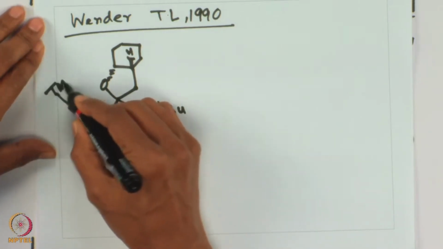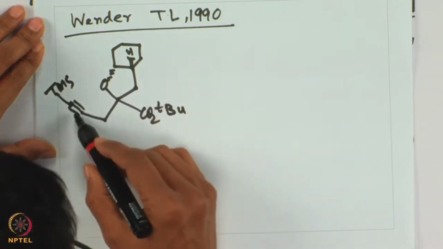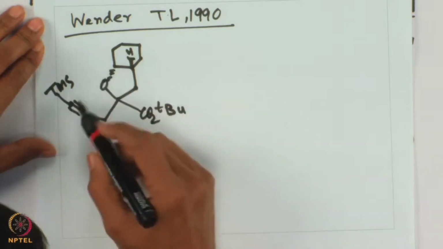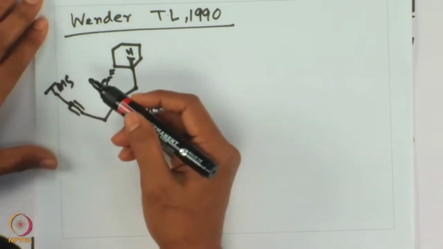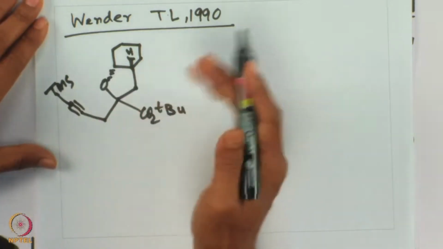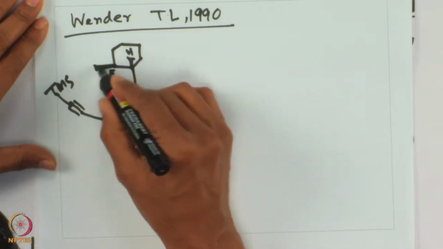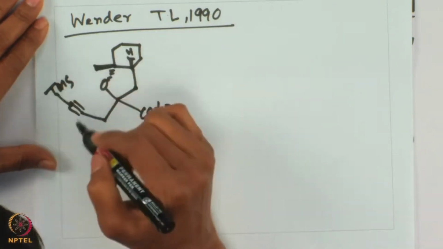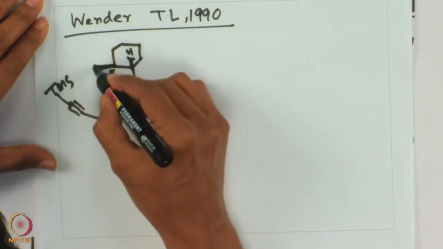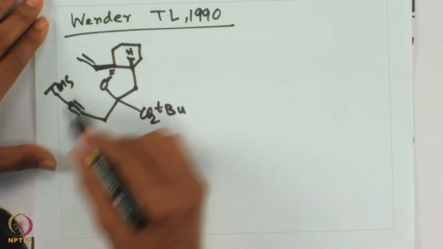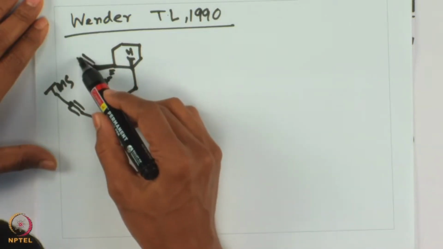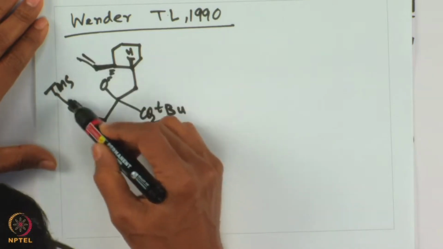Of course, as we said, we cannot have a terminal alkyne. So, an internal alkyne is fine, TMS protected, which is nothing but a bare alkyne if you would like to have it. If your process is not tolerant of a terminal alkyne, that is where you put a TMS, which can be deprotected later on. And so, what we have here is an enyne.